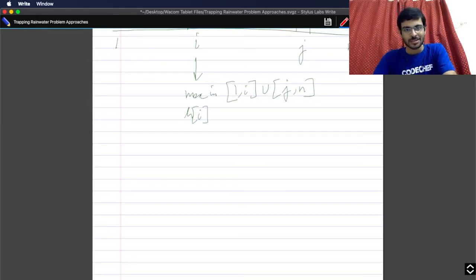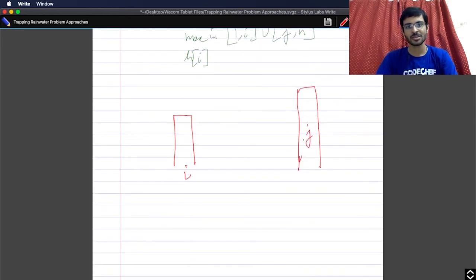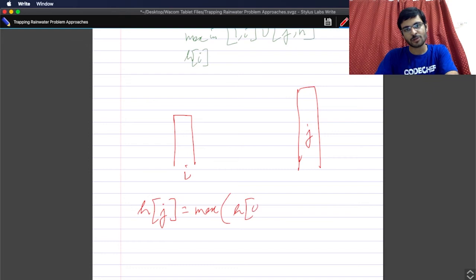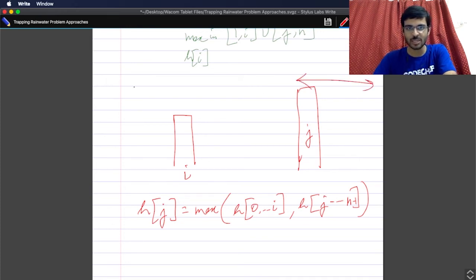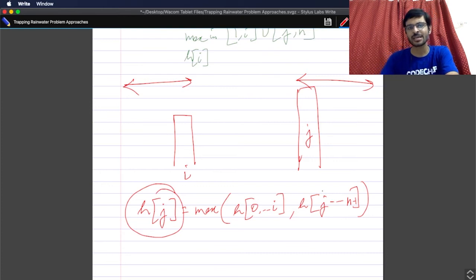If this is i, this is j, what are the things I know? h[j] is equal to the maximum of h of 0 to i and the heights of j to n minus 1, 0-indexed. So this is the maximum in this range and the union of this range. The maximum of this and the maximum of this, and the maximum of both of them is going to be h[j].